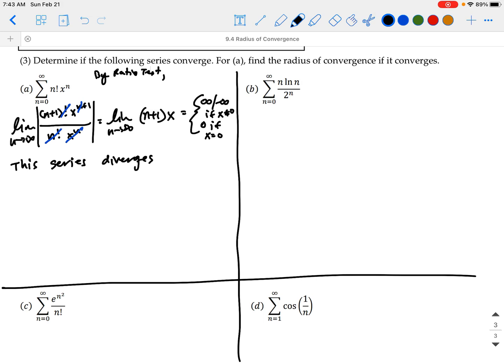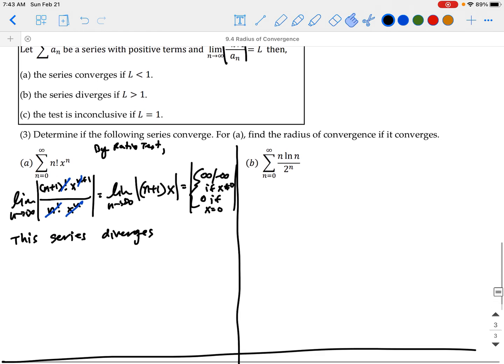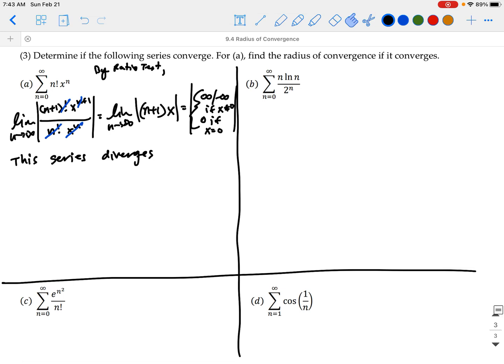We're going to take the absolute value of these terms, so we don't end up with a negative value of L. So that's clearly going to be greater than 1 when we take the absolute value, because we'll just have infinity.